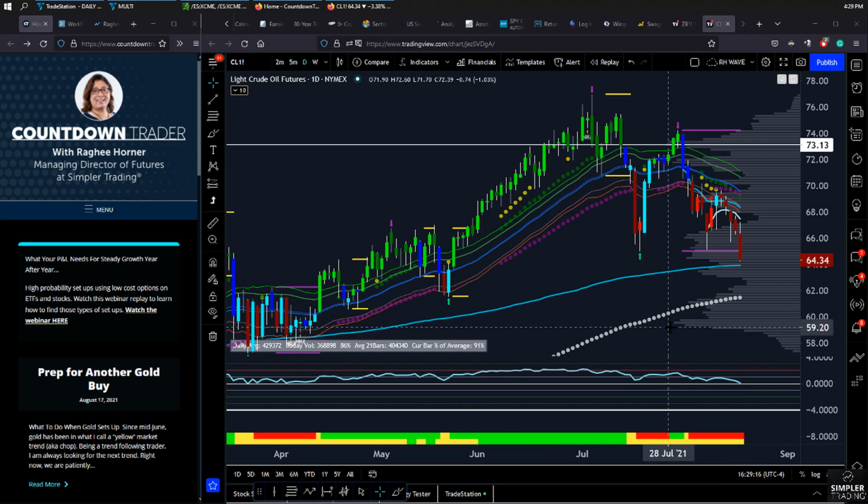Now, where are we now in crude? We're actually heading down towards the first of the year anchored VWAP. What I want to see tomorrow, so let's talk about strategically what I'm going to be looking for. I want to see either a minor low, tag that VWAP, or I want to see an inside candle, inside day.